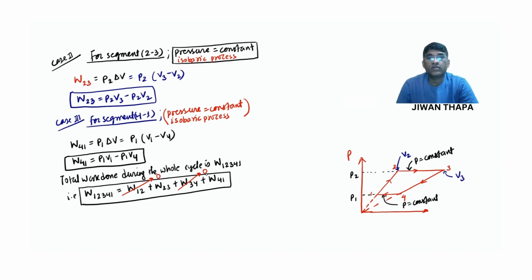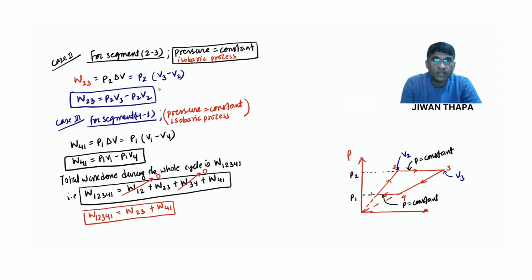Clear? Therefore, we can write total work done equals work done W23 plus work done W41.